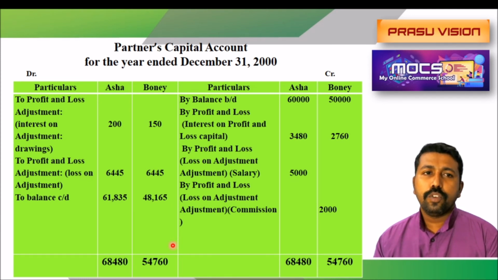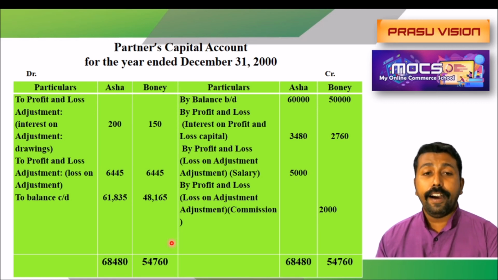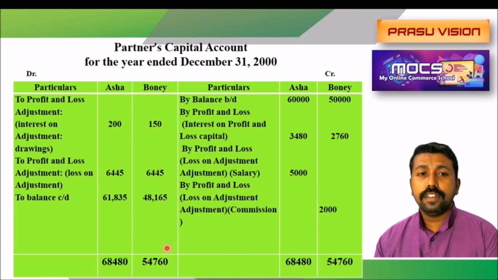Dear students, we can do the same problem based on the previous method. Let us look at how it will be if we take the items recorded in the profit and loss adjustment account into the adjustment table and prepare a single adjusting entry to rectify the error.